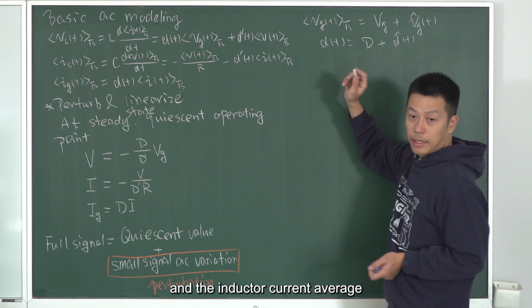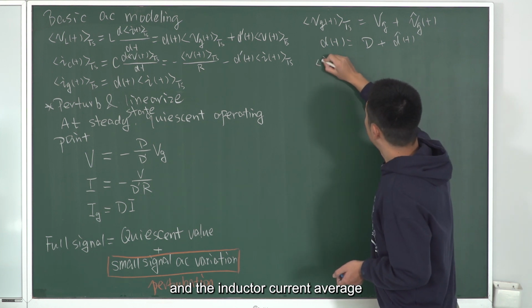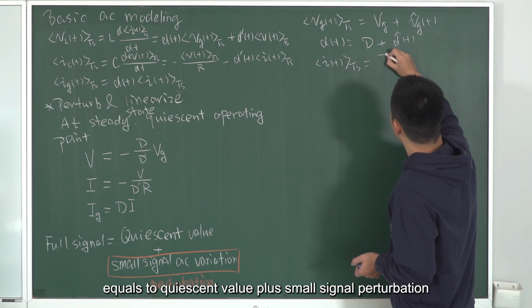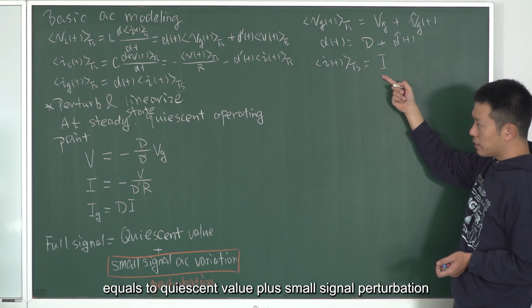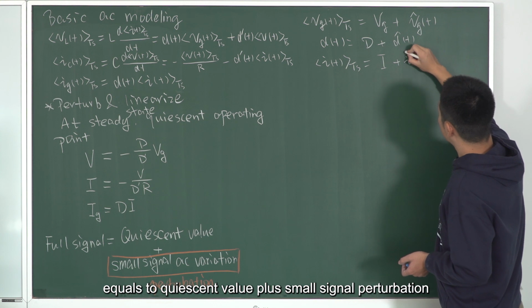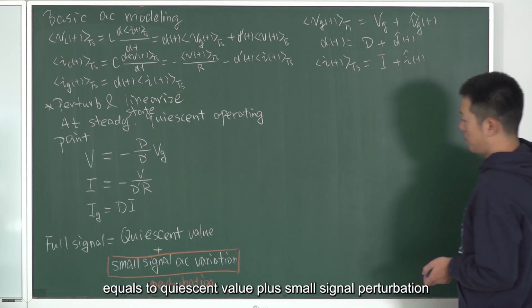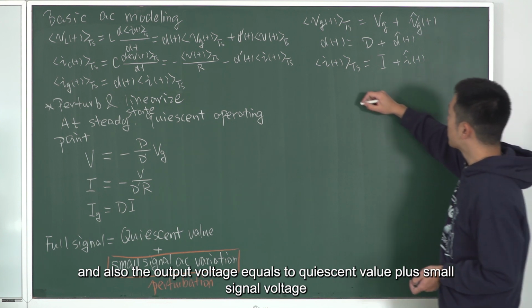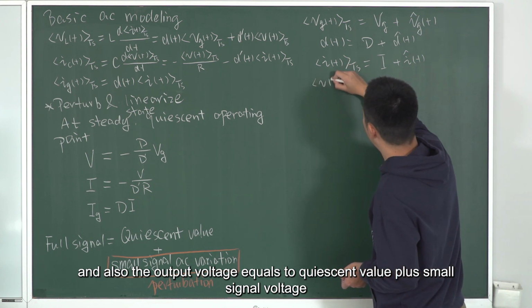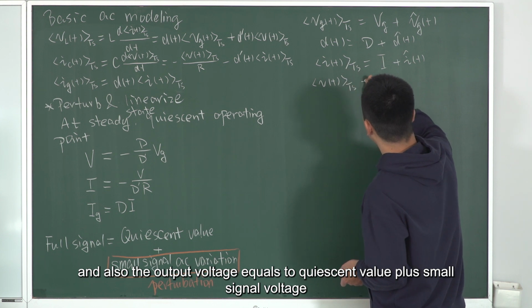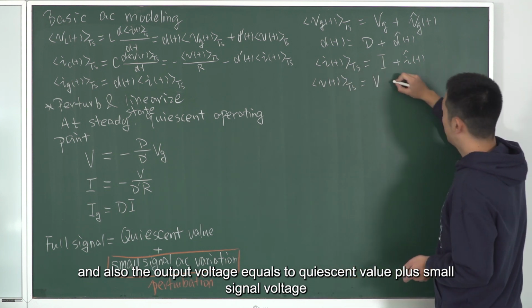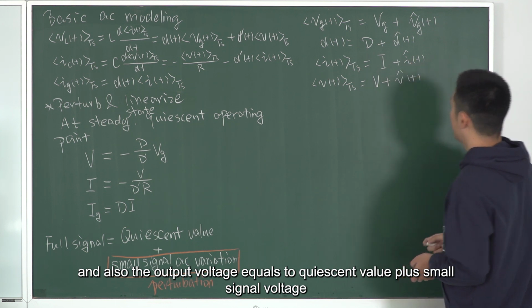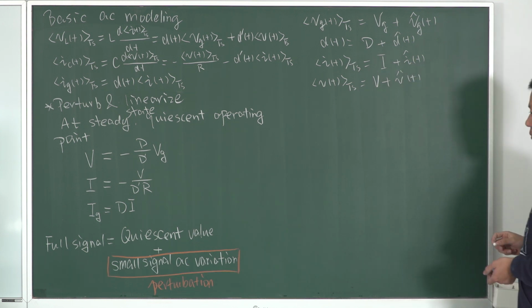And the inductor current average equals the quiescent value plus small signal perturbation. And also the output voltage equals the quiescent value plus small signal voltage.